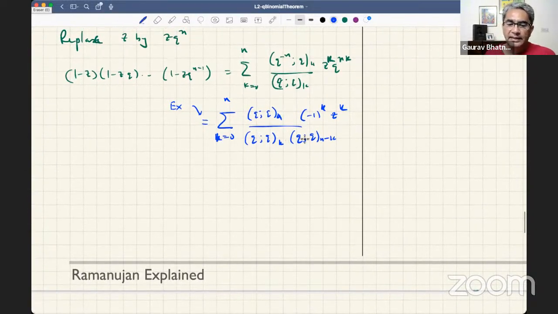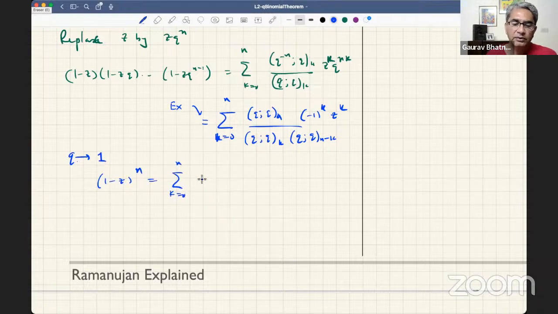Now, in this, if we take q going to 1, then you will get 1 minus z raised to n equal to the sum k going from 0 to n of n choose k times minus z to the k. This is the finite binomial form.